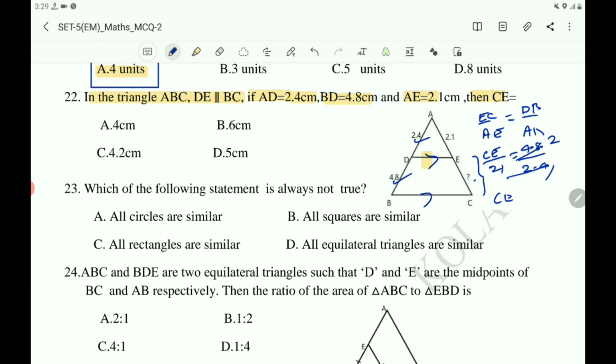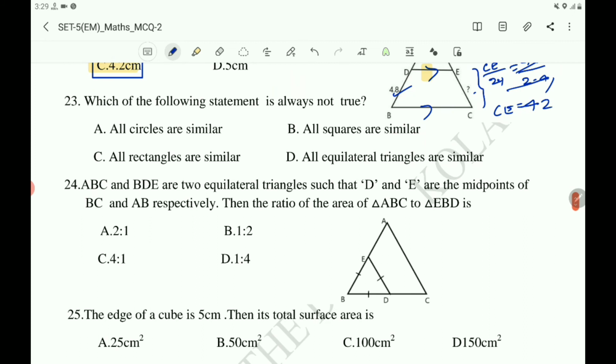So CE equals, here you will get 2.1, 2.1 twos are 4.2. 2.1 twos are 4.2. So what is the answer here? Option C is the answer. Note down, option C is the answer. Then you take the next question.